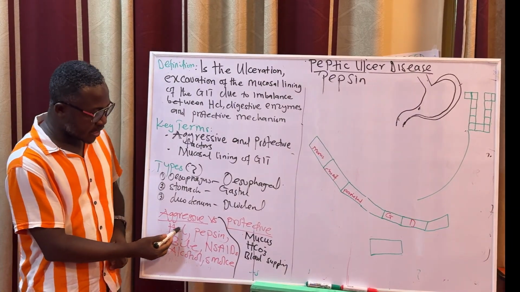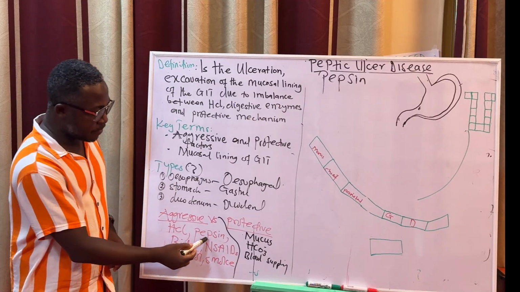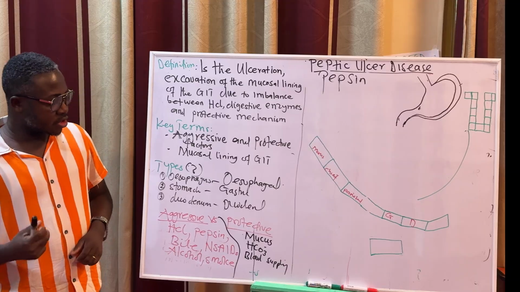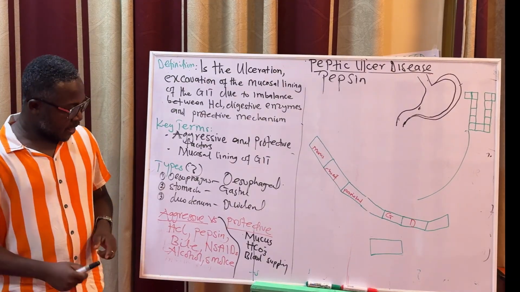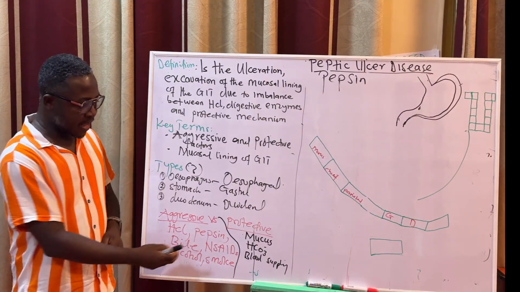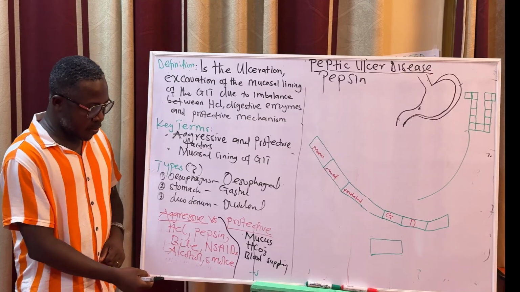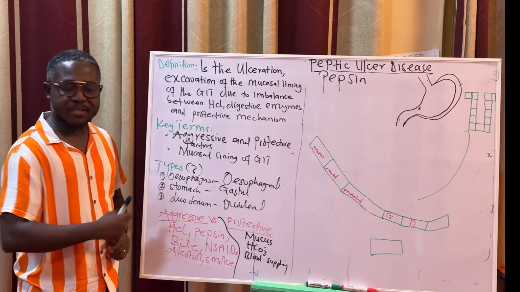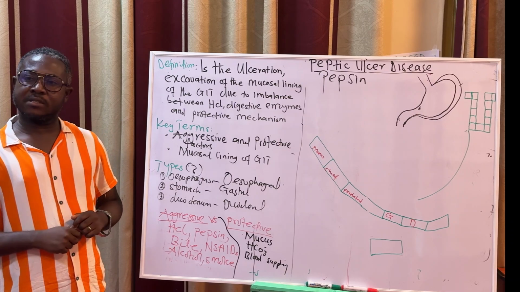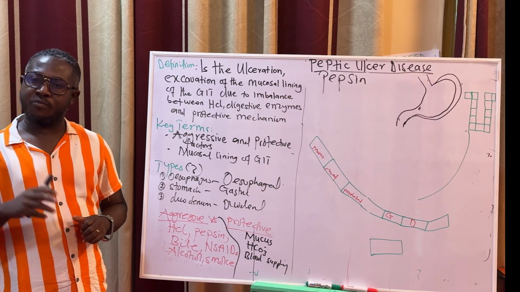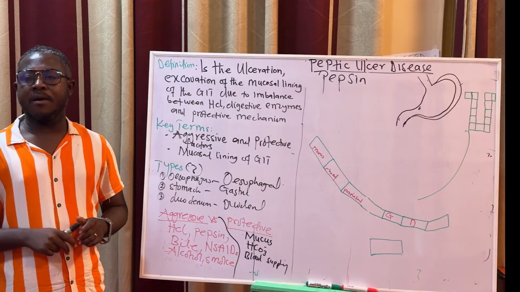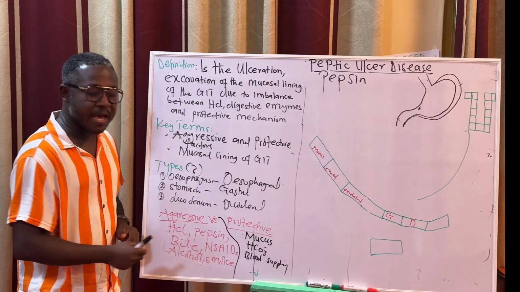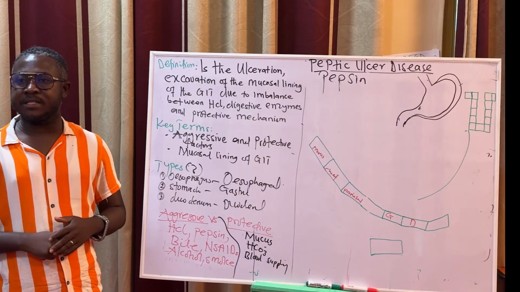An example is the hydrochloric acid, and pepsin, which is one of the juices that helps to digest proteins. And then we also have the bile, NSAID, alcohol, and smoke. That means that NSAID can cause peptic ulcer disease, which means that a patient with peptic ulcer disease who is in pain should not be given NSAID, because it can aggravate the condition.